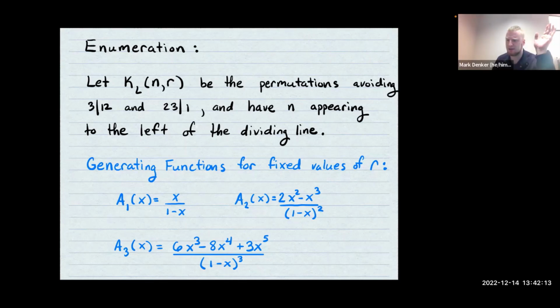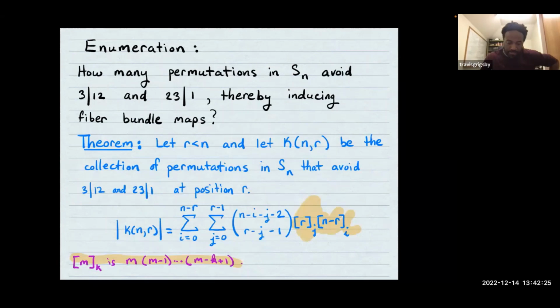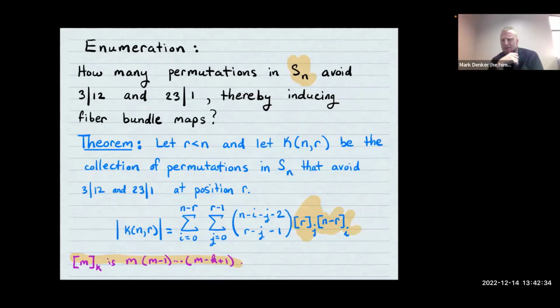Oh, n is literally the number of elements before the dividing line? No, yeah, this is in S_n. So let me go back. If you're looking for permutations in S_n, that's the same n. Okay. I guess I can save it for the question period. Carry on.